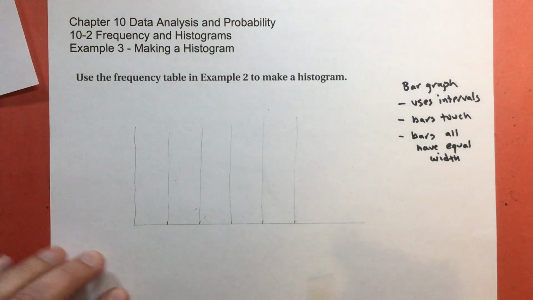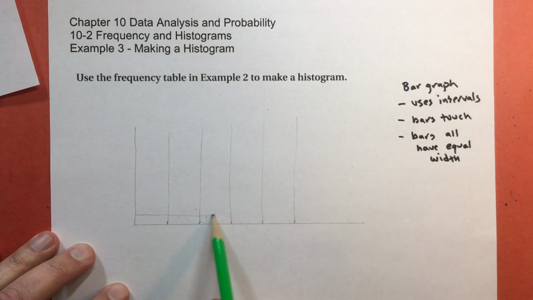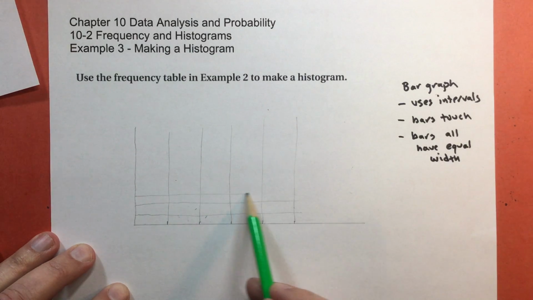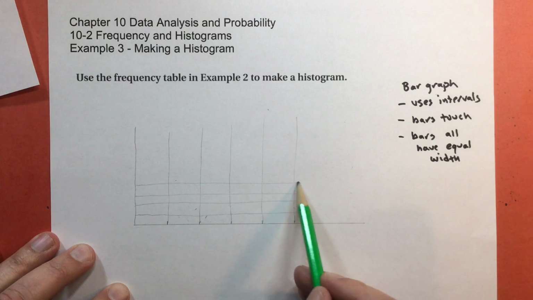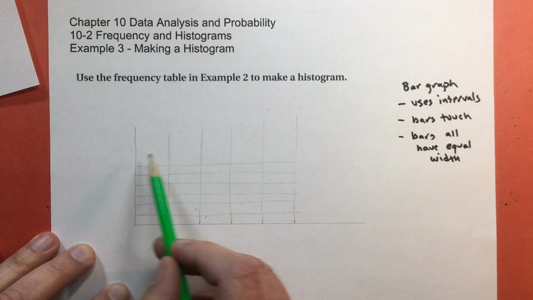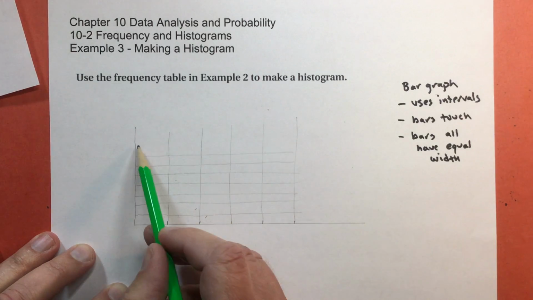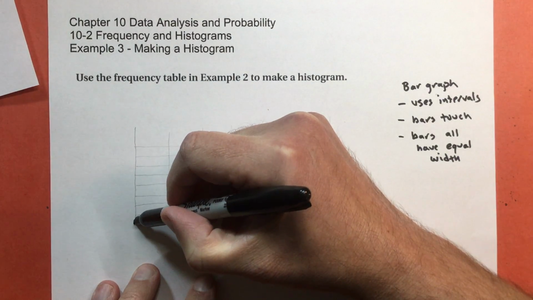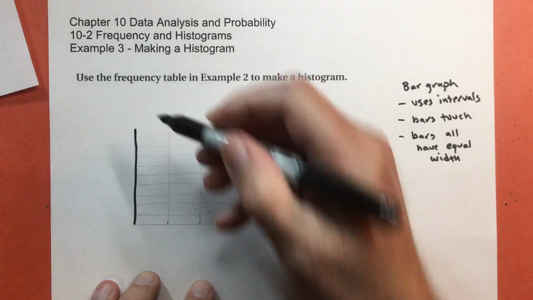And like I said, I'm going to go up to 8. So I'll go across 1, 2, 3, 4, 5, 6, 7, 8. Okay, that's good. Graph paper would be really useful, but this will be okay. So I'm going to put my pencil down, put my ruler back over here. And now I'm going to start drawing in with my Sharpie.